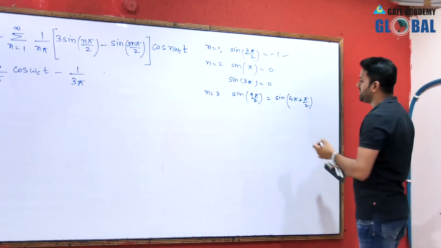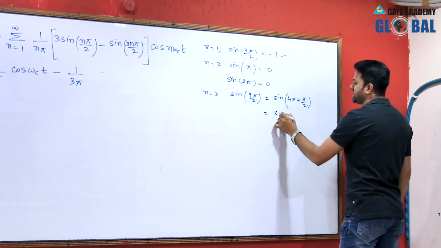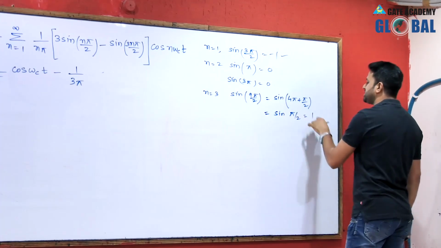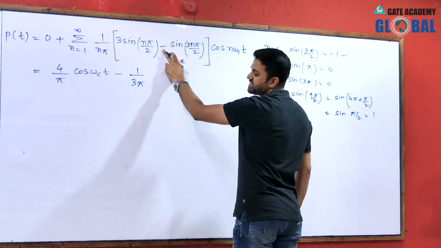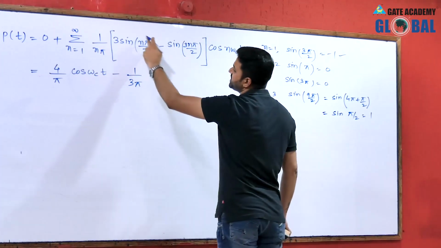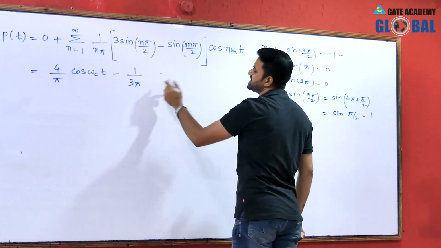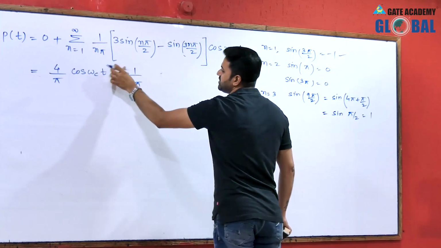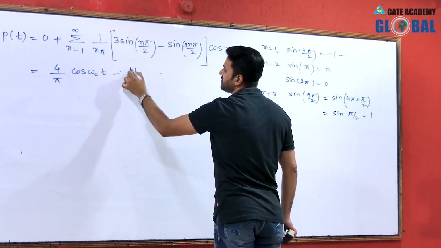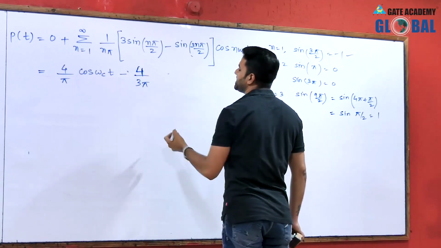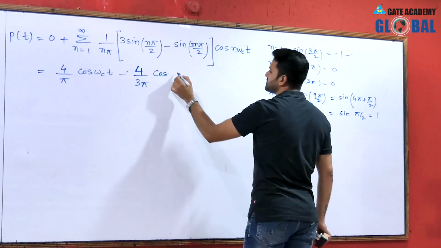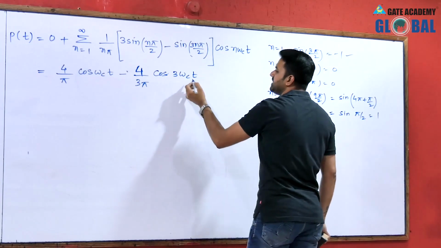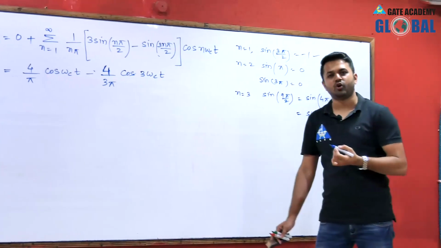Sin of 4 pi plus pi by 2 is nothing but sin pi by 2, which is plus 1. With the minus sign already present, we get minus 1, so minus 3 minus 1 is minus 4. We get minus 4 with cos 3 omega ct.